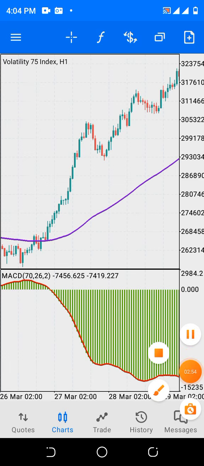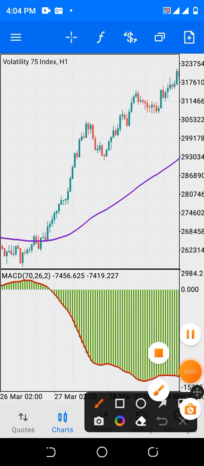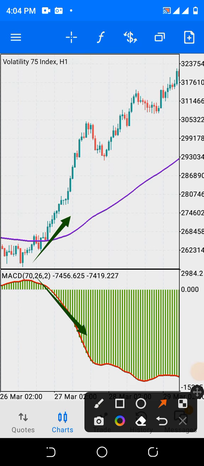Once you see this type of crossing, MACD crossing from up downward, this is a clear buy signal. It is more like a divergence style. The MACD is crossing from up downward, while the candlesticks are moving from down upward. It's just like a divergence.